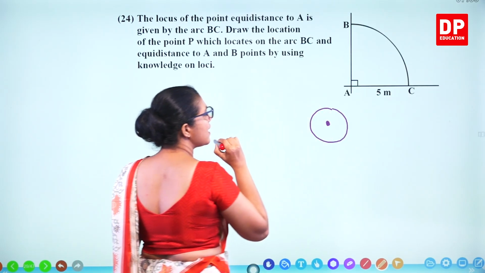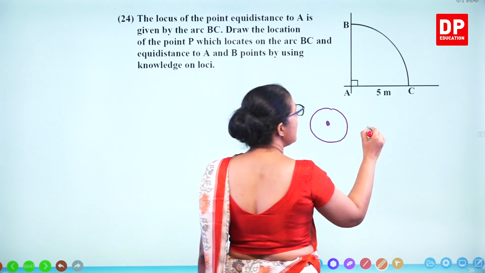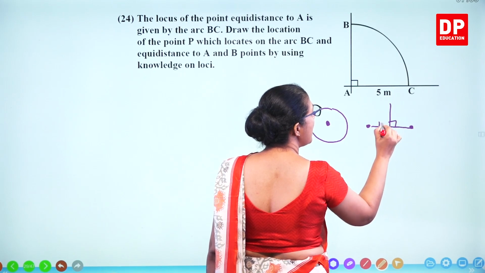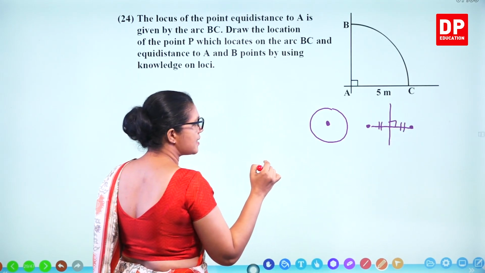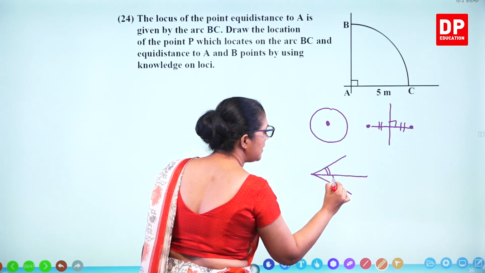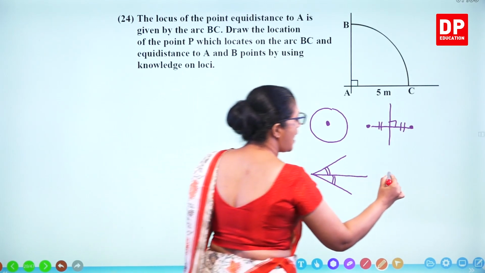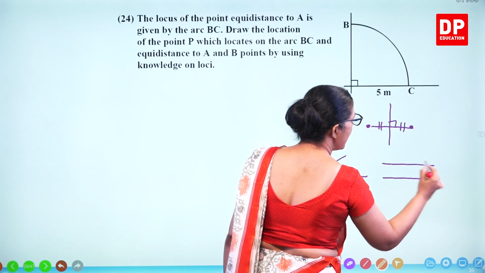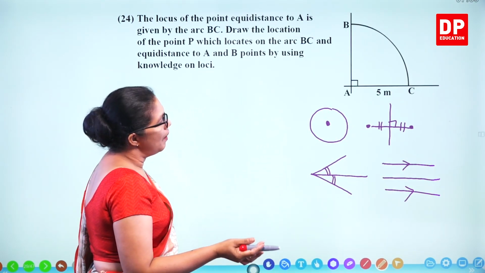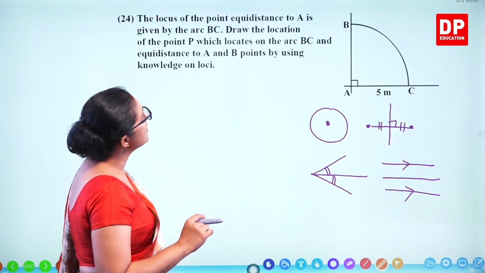Equidistance from a point, that's a circle. Equidistance from 2 points, that's the perpendicular bisector. Equidistance from 2 lines, that's the angle bisector. And equidistance from a line, you get parallel lines above and below.